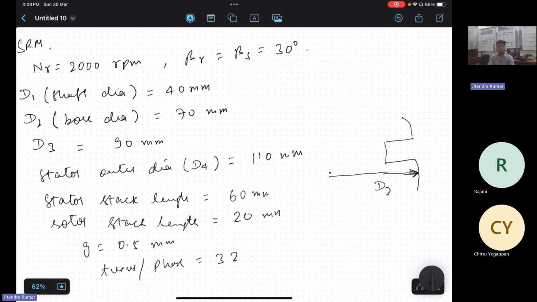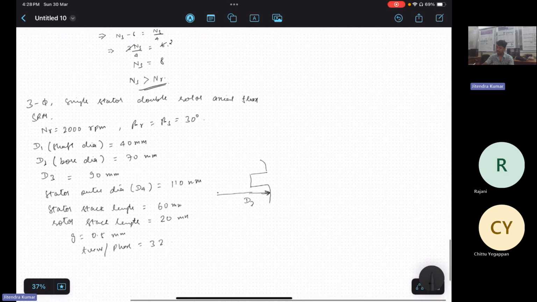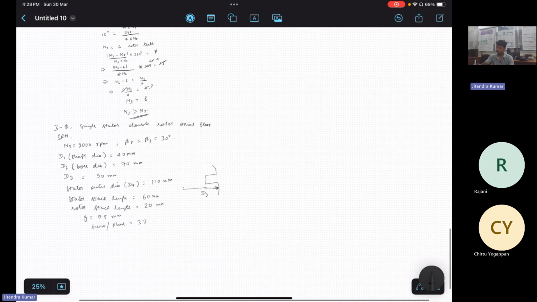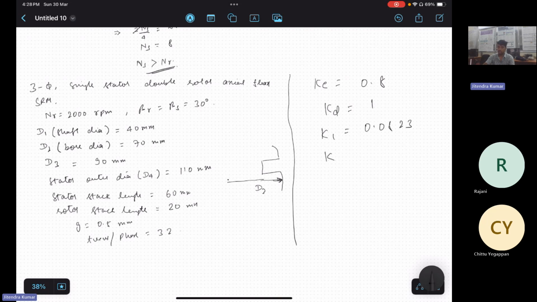Some other parameters: KE efficiency constant is 0.8, KD 1, K1 0.0823, K2 0.7. Electric loading is 20 kiloampere per meter. Magnetic loading is 1.5 Tesla. So the data is exhaustive, I believe.